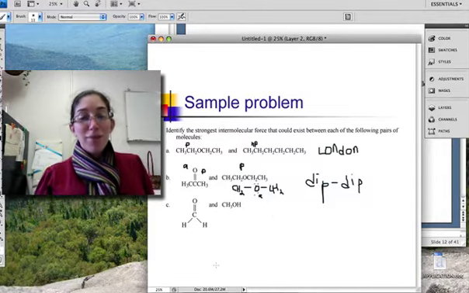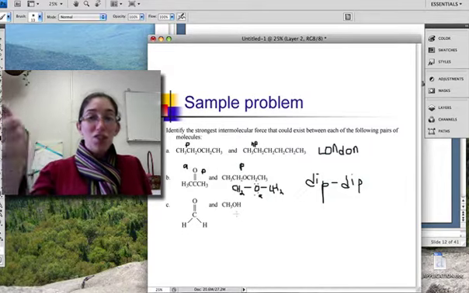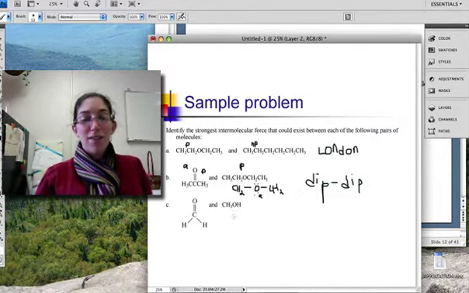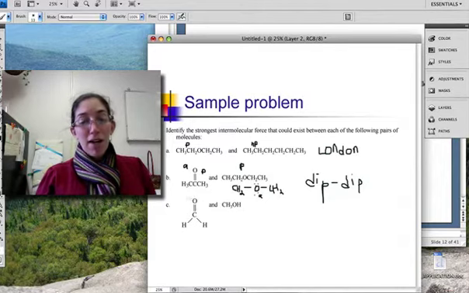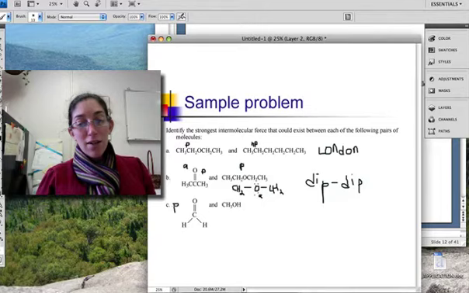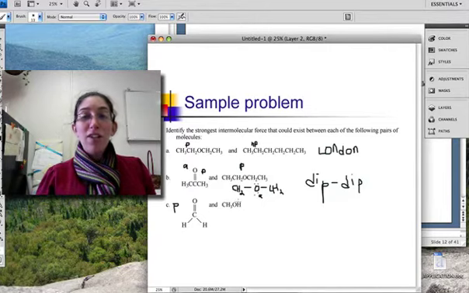And now this last one here. Again, let's go through all three. London forces, check. Everything has London forces. Do they have dipole-dipole attractions to each other? In other words, are they both polar? We've got an oxygen here, so this one is polar. Check. And we have an oxygen in this molecule, so this one's polar as well.